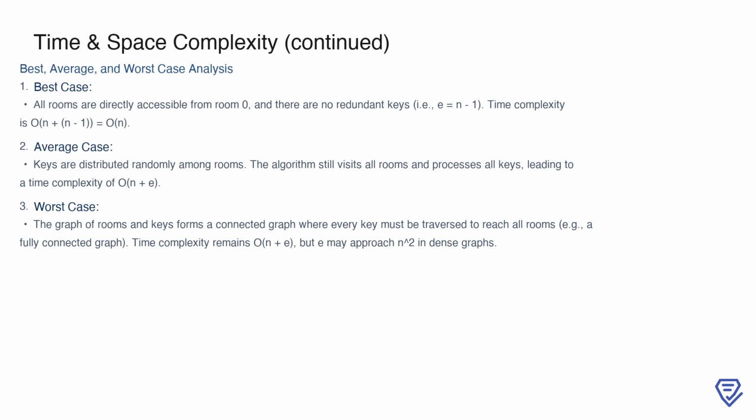In the worst case, the graph is densely connected, such as in a fully connected graph, where the number of edges, e, approaches n squared. Even in this scenario, the time complexity remains O(n plus e), but the number of edges can significantly increase the overall runtime. Thus, this algorithm is robust across all scenarios, maintaining the same asymptotic complexity.